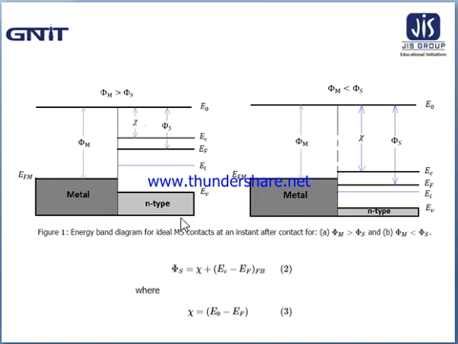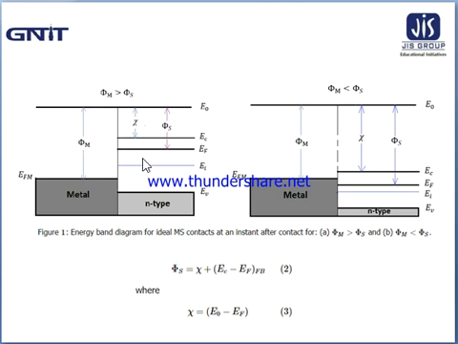However, the situation in figure 1 is not in equilibrium, since the Fermi energy in the metal is not aligned with the Fermi energy in the semiconductor. Here is the Fermi energy of the metal, and here is the Fermi energy of the semiconductor.